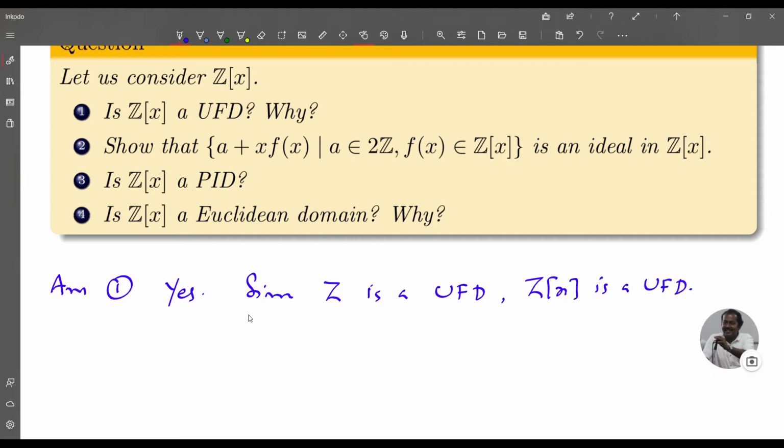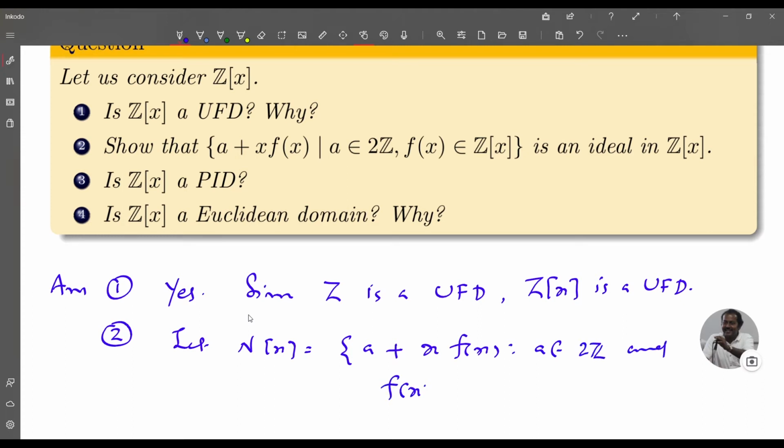Now you have to do the second question. You have to show that the set of all a plus x f(x), where a belongs to 2Z, that is, a is an even number, is an ideal in Z[x]. Let N(x) equal a plus x f(x), such that a belongs to 2Z and f(x) belongs to Z[x].